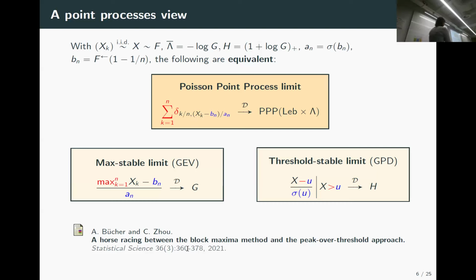So if data keep flying in, and you suitably normalize them in time, scale and location, then you converge to a Poisson point process. Both limit results, for maxima and threshold exceedances, you can derive basically from there. So what's happening in the background is maybe a bit more insightful.